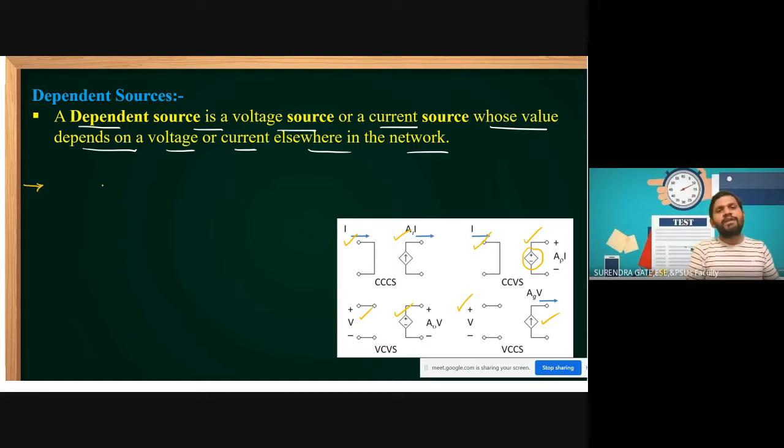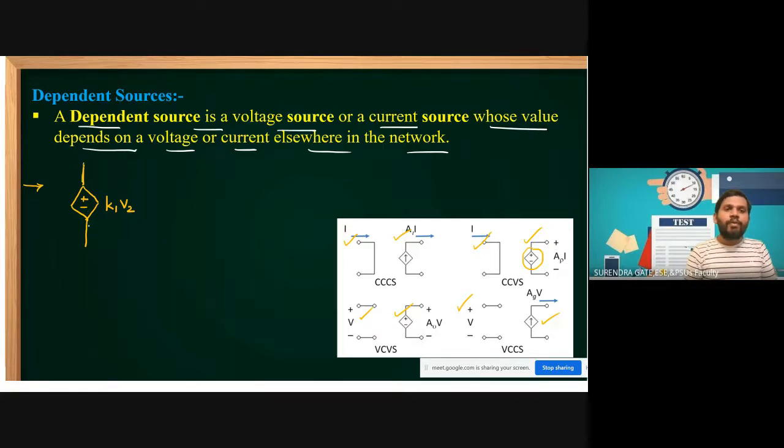Or simply, we can also represent them like this, with a plus and minus. For example, let it be K1 V2. What is the name of this source?